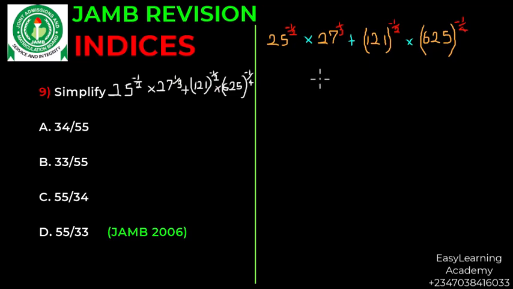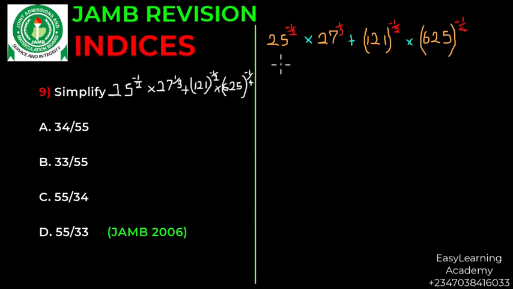Okay, so I want to believe that you have paused the video and you've gotten your answer ready. All right, so let's solve it together now. Of course, we know the law that any number raised to the power of 1 over 2 is simply the square root of that number. But now we have minus 1 over 2.